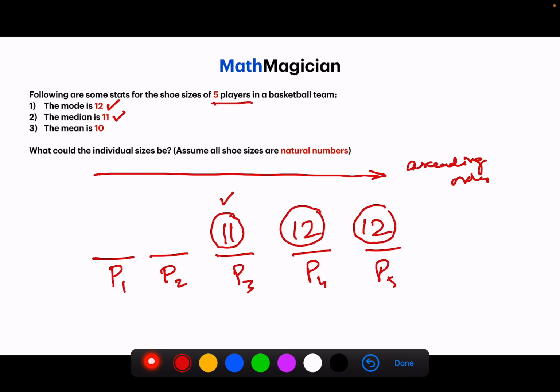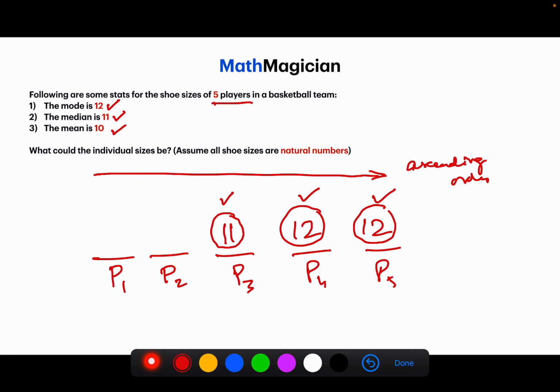You might ask why not P2 and P1? Because we can't put 12 over there, since then it's not following the ascending order assumption we already made, right? So we can't have 12 before the 11 in the middle. So consider these two numbers already fixed. Now we have 11, 12, and 12 already fixed.